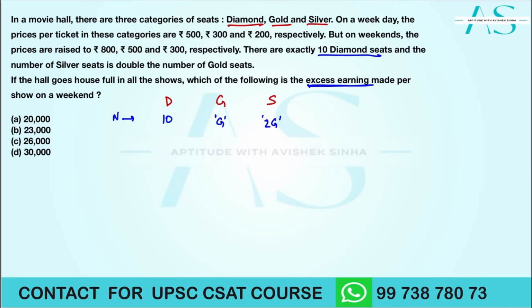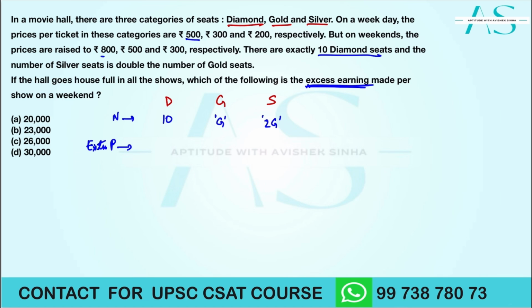So what is that extra money that we are making? We need to consider. So let's look at the extra price. Because I only need extra earning. So why to calculate for both? I can simply say what is the extra price or extra earning.